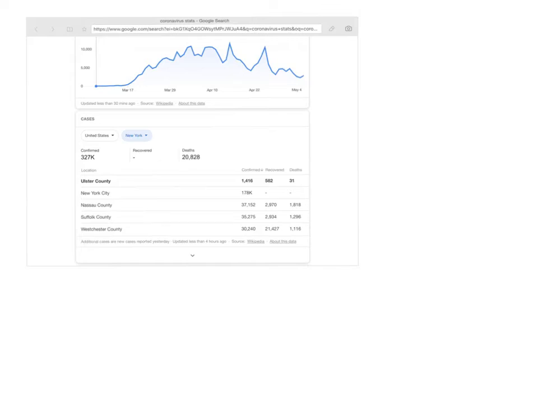So I'm going to use the data for New York and the data for Ulster County. If I make this table, I use my normal 4x4 just because that's the amount of information I have.